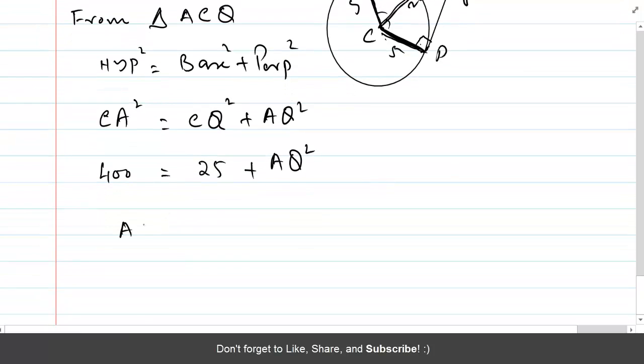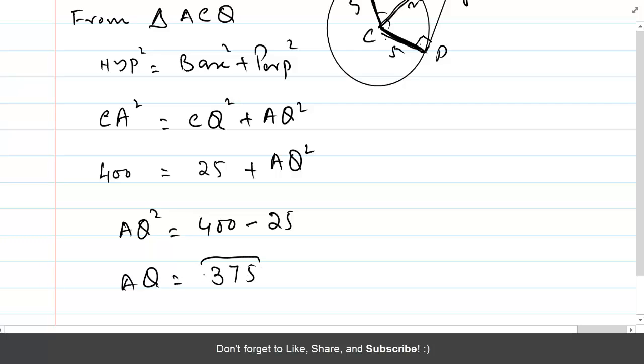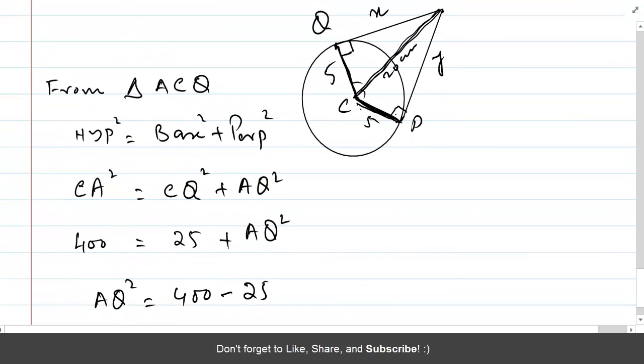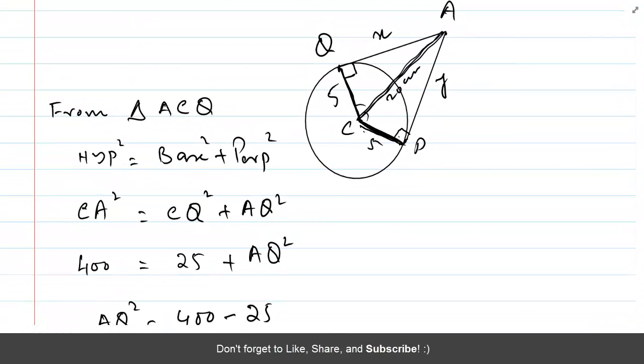AQ square would be equal to 400 minus 25. So AQ would be equal to the square root of 375.